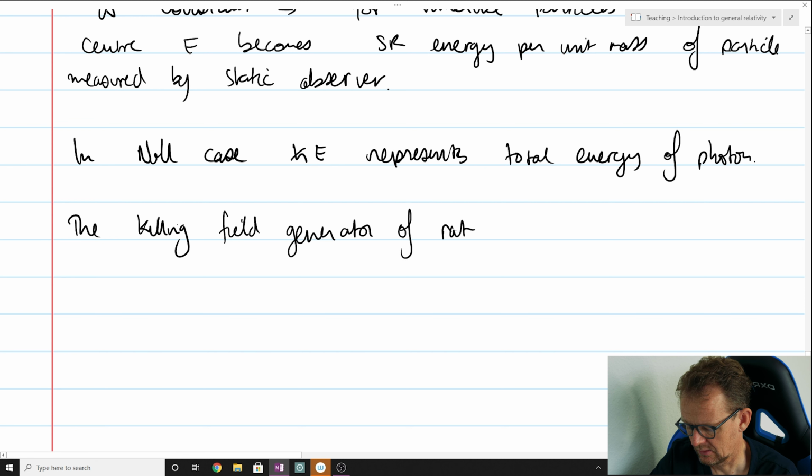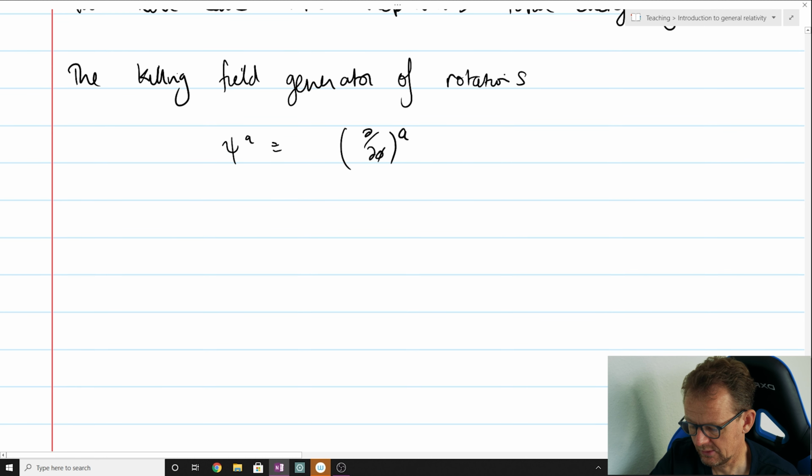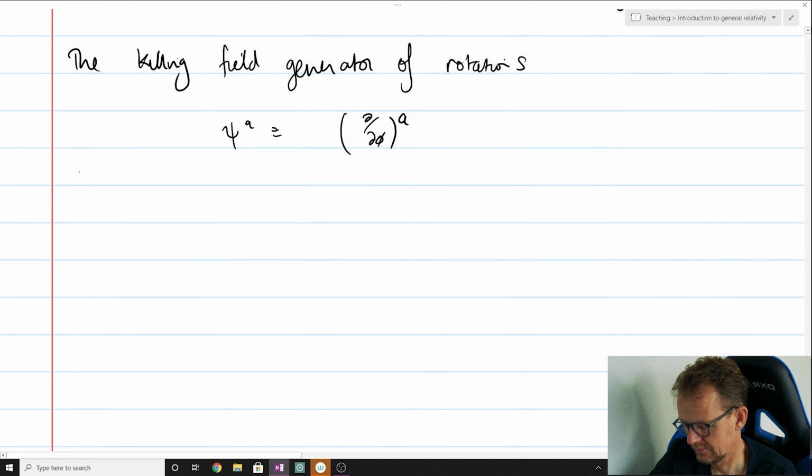So you can look at the generator of a rotation in the phi coordinate. That gives you another Killing vector field, psi_a. And corresponding to that, we also get a constant of motion.